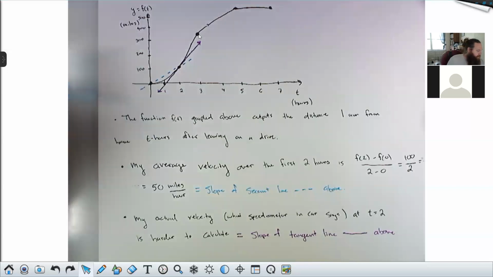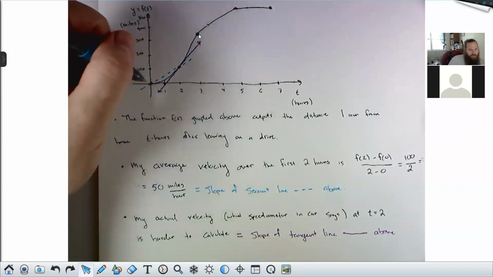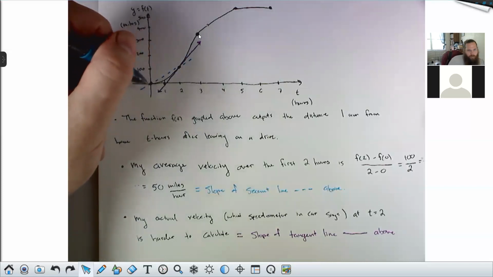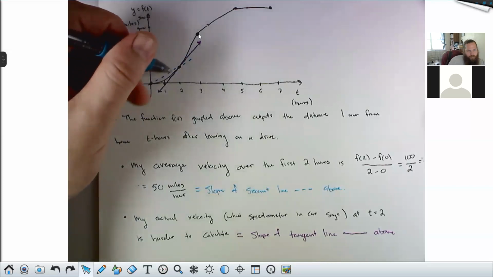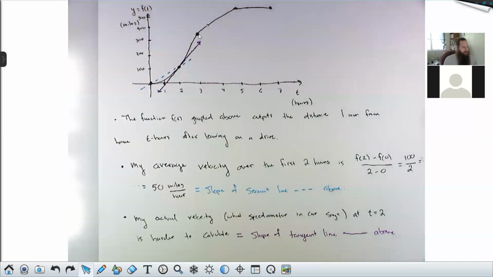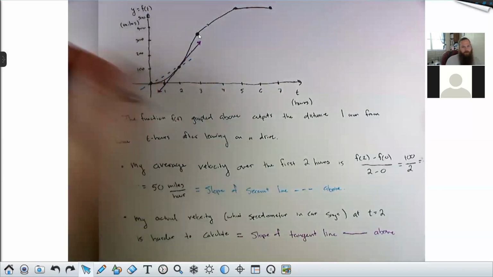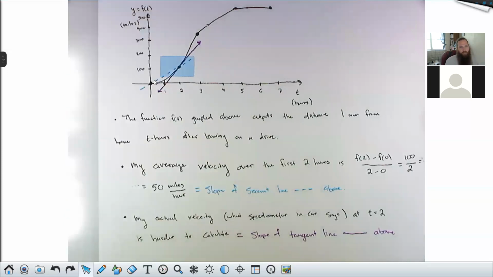And then, and this is the big idea, use a limit to drag this point over on top of that point. So you slowly move this point over here. And as you move this point and this point closer and closer together, the blue dotted line becomes the purple line.